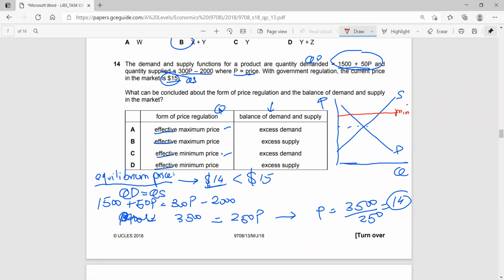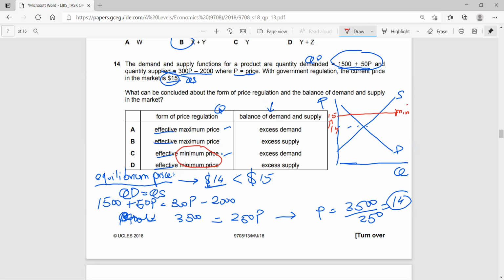Because if this was a maximum price, which says it has to be below this, well, the market price is already below this. So for it to be effective and actually have an impact on the market, it has to be a minimum price which says it can't be below this, which is why the price that's being used is not 14, it's actually 15. So we can select C and D.